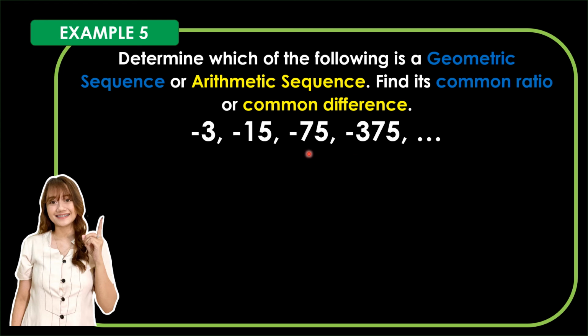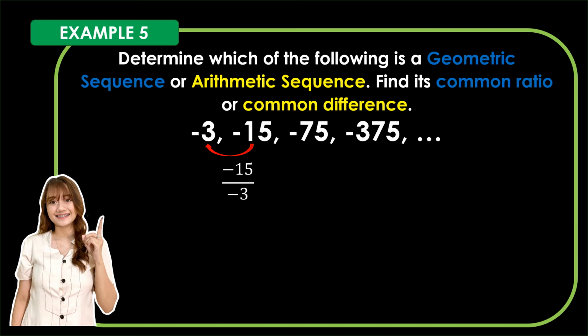And observe also that from the third to the fourth term, it decreases enormously. So let us assume that the given sequence is a geometric sequence. So we divide any term by its preceding term.